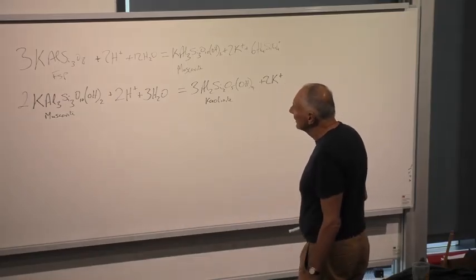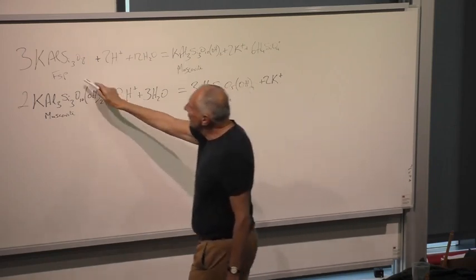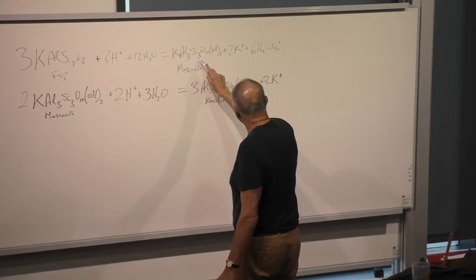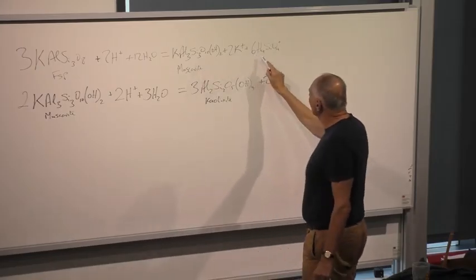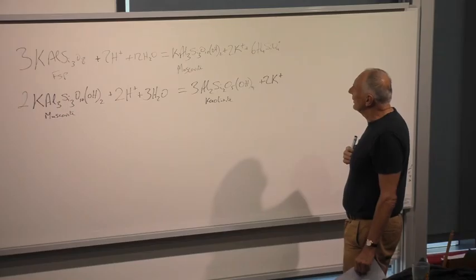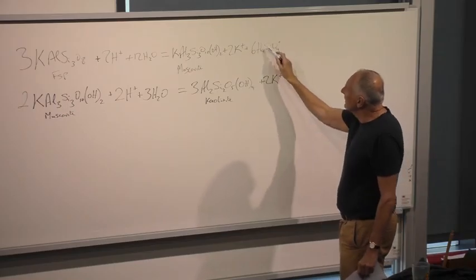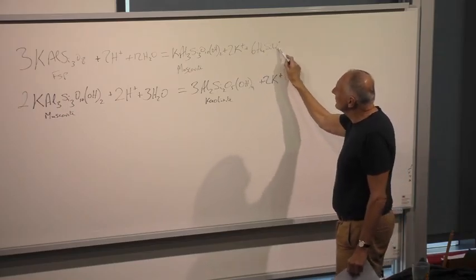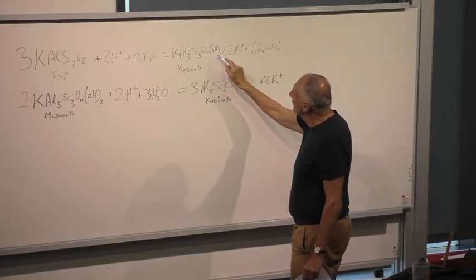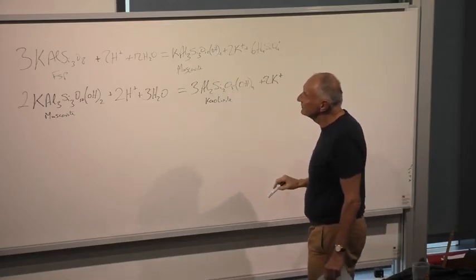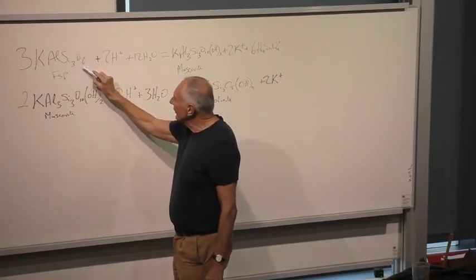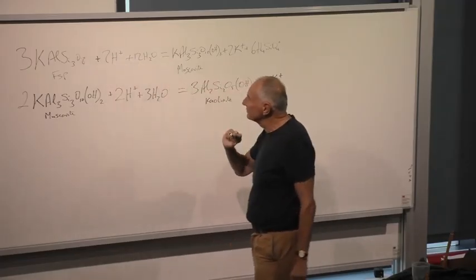On this side we have 9 silicons, and here we only have 3, so obviously we need 6 H4SiO4s. That means we need 36 oxygens, and we've only got 24 here, so we need 12 H2Os.